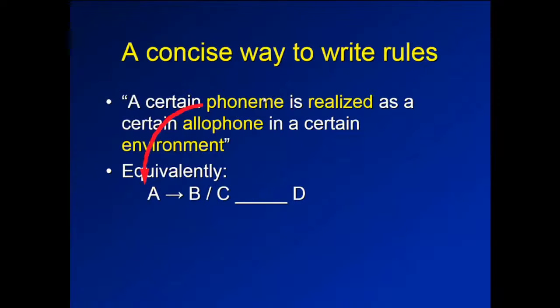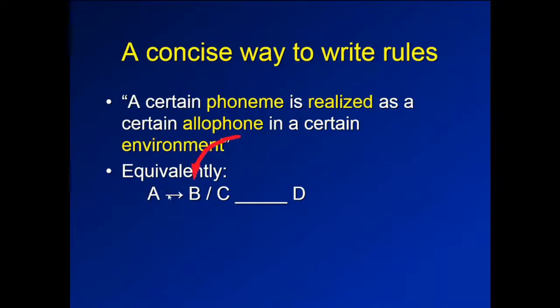This is another way of showing this rule. We have got A being realized as B in the context where it is placed between C and D. A certain phoneme is realized as a certain allophone in a certain environment. So once again, go back here. This is A, the sound we are interested in.